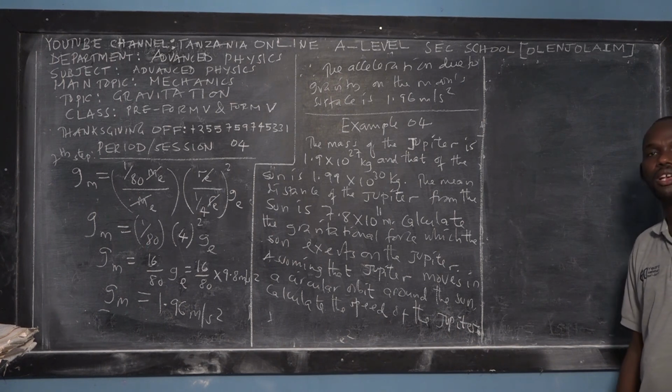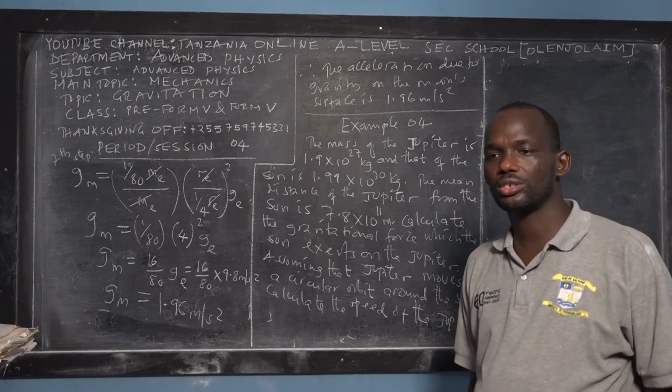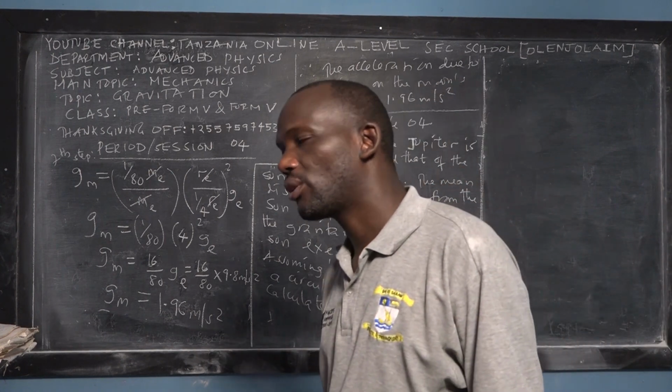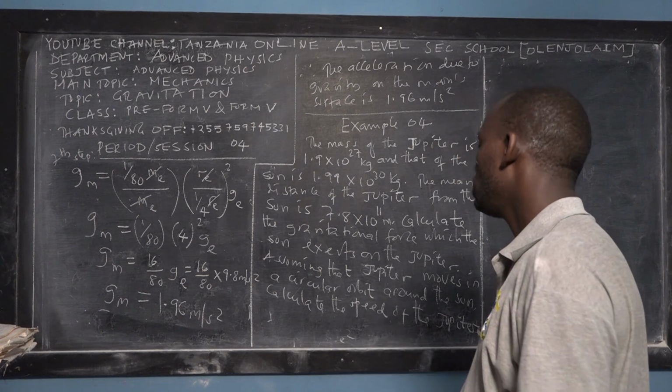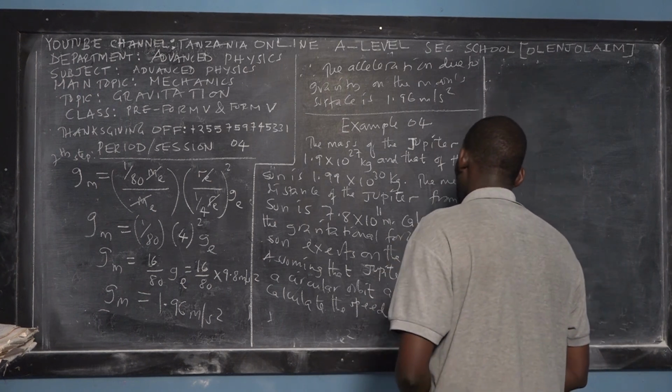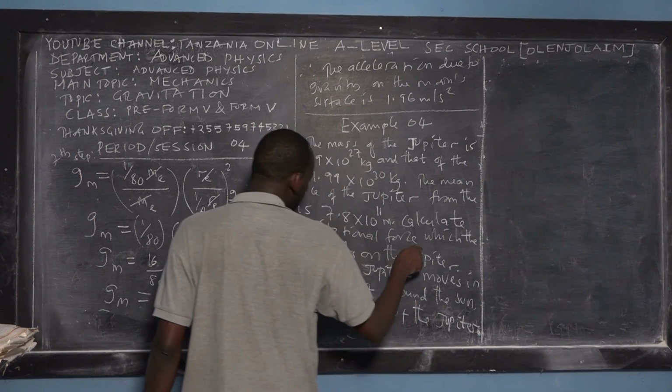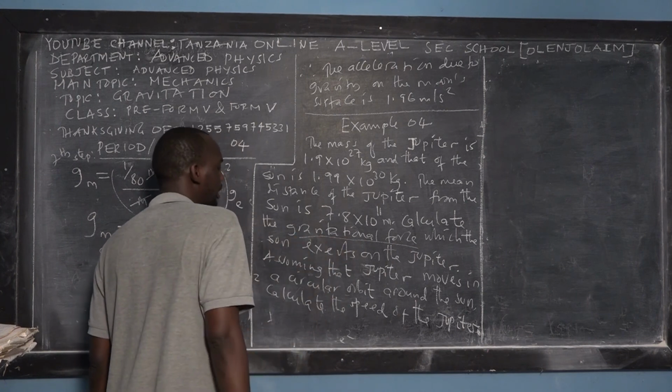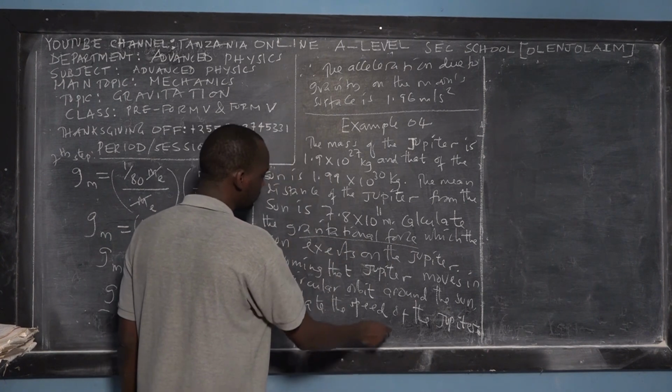So how many questions do you have there? 2 questions. Number 1, we have to calculate the gravitational force. And number 2, we have to calculate the speed.